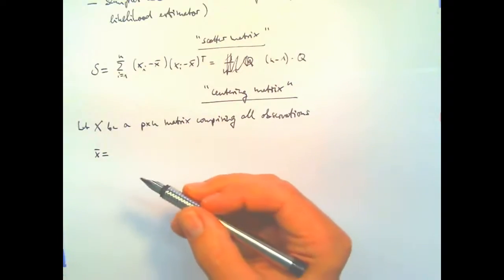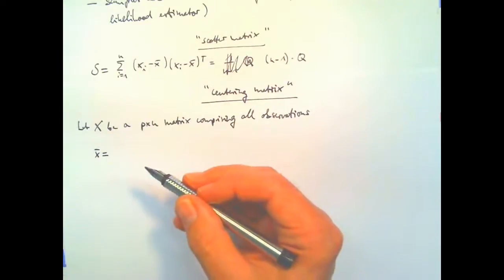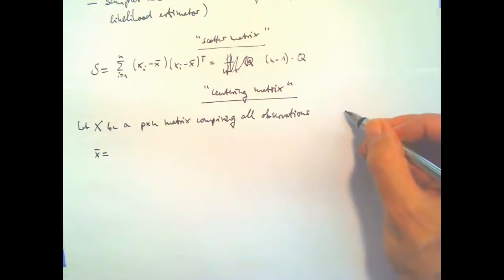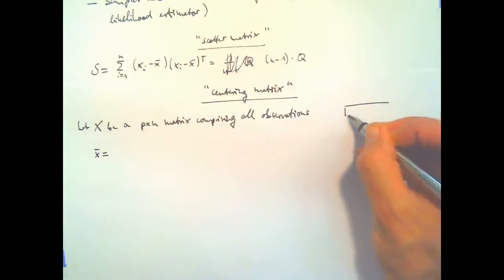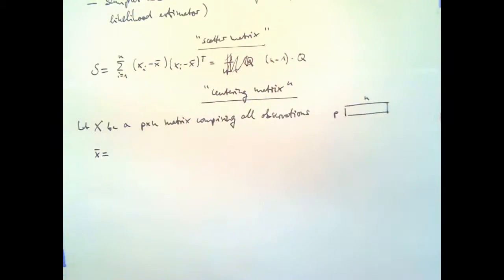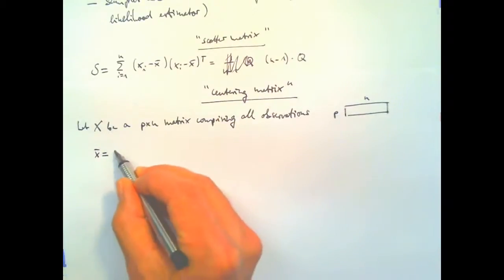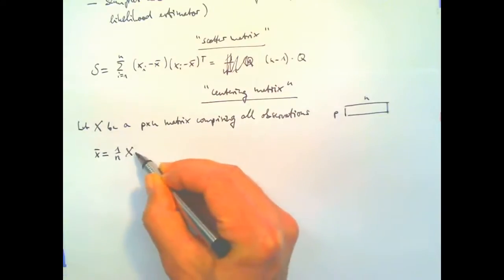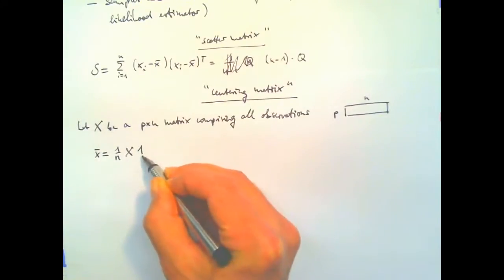So let's say hopefully we have more observations than variables. That's not always the case, but here let's argue it is the case. So I can rewrite that as 1 over n times X times, if I had a computer, I would write this as a bold 1.